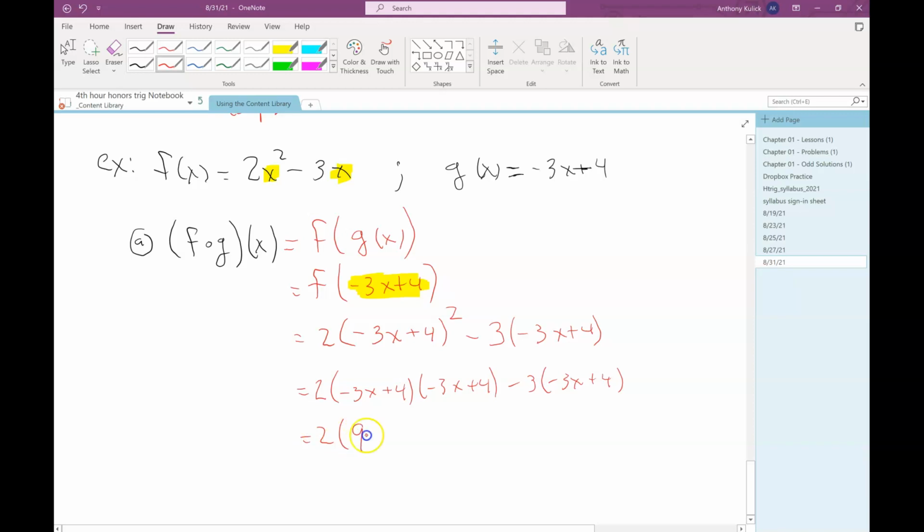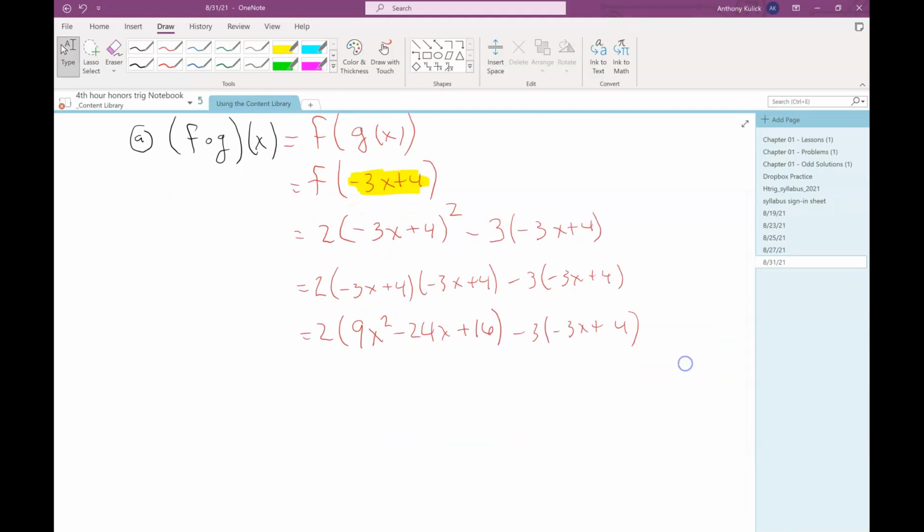So if you FOIL that out, I'm going to skip writing down all of that, but you end up with that trinomial. Is everybody okay there? Now that we've dealt with the exponent, the next thing I would do is distribute, do the multiplication.